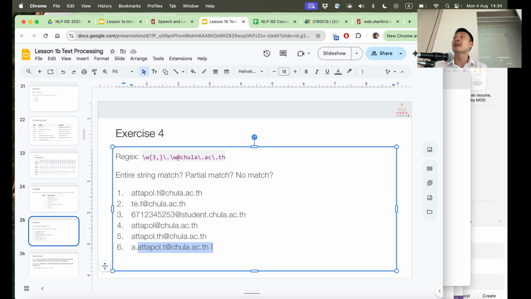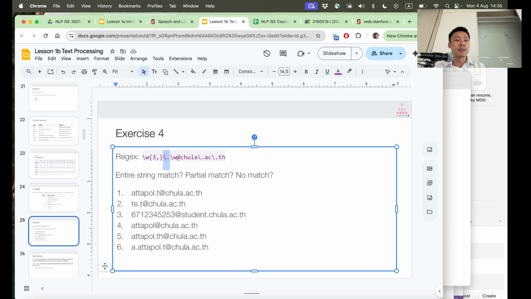Only part of the string, not the whole string. Because \W here would not match dot, right? Because it's not part of \W. Does that answer the question? Because this will cover up to here, right? And that corresponds to this part.